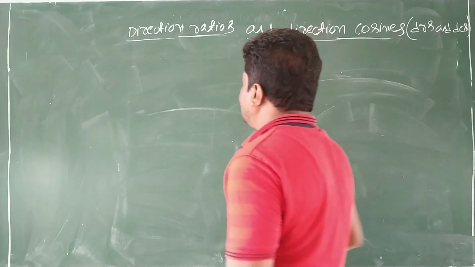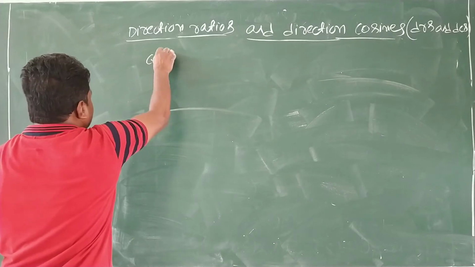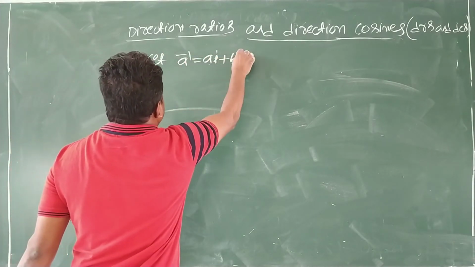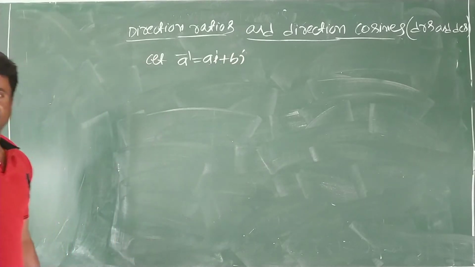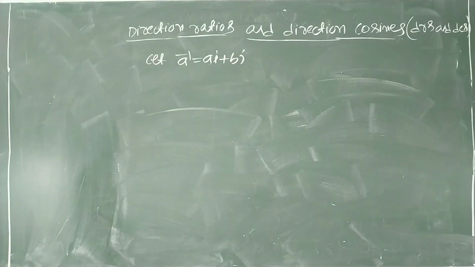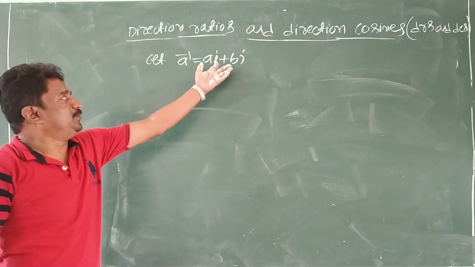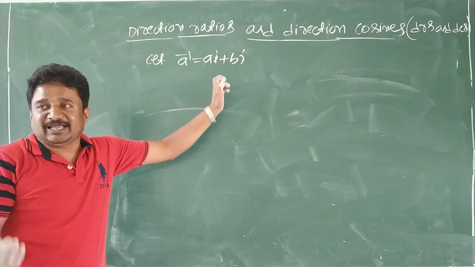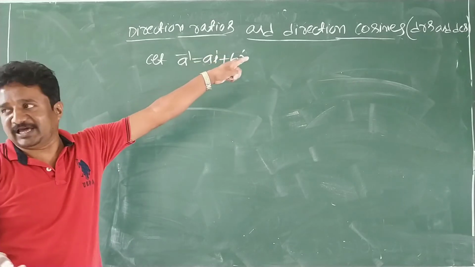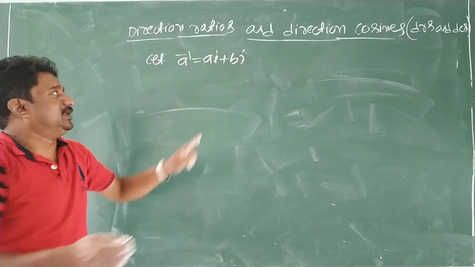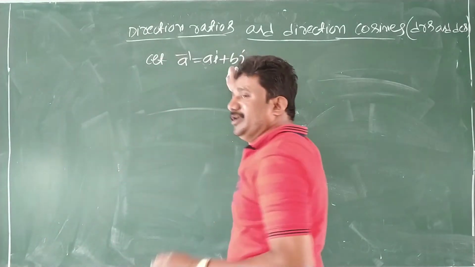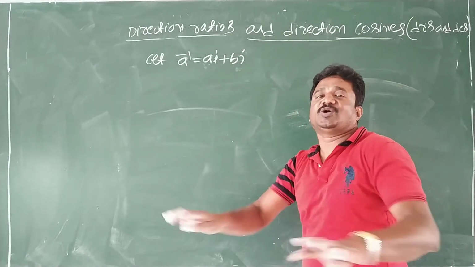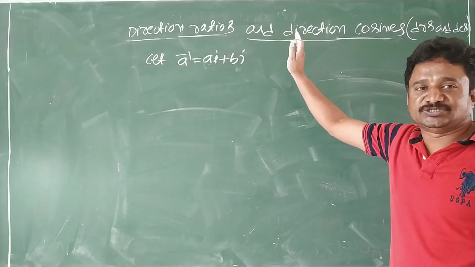I take vector A equals ai plus bj. Tell me the scalar components of this vector: a, b. Scalar components are called what? Direction ratios. So the scalar components of any vector are called direction ratios.